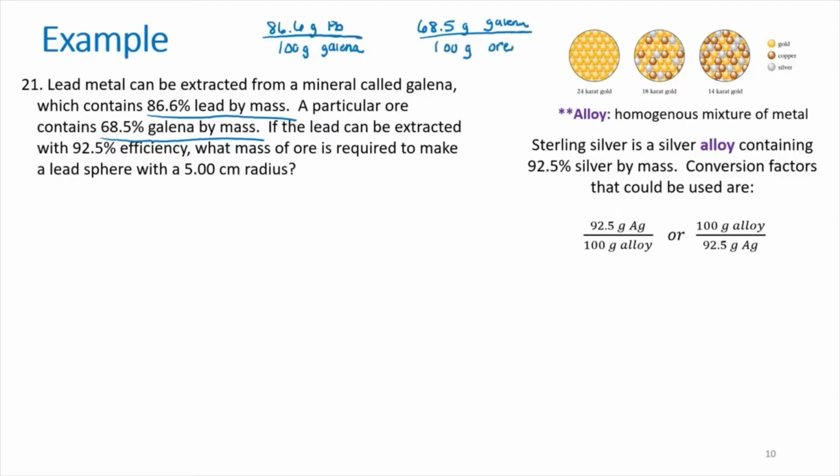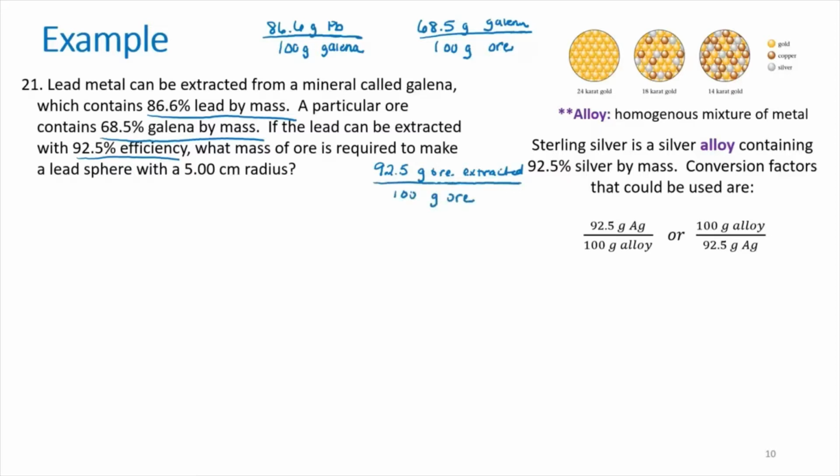It's another conversion factor. Lastly, it tells me that lead can be extracted with 92.5% efficiency. What that means is I get 92.5 grams extracted per 100 grams of ore used.